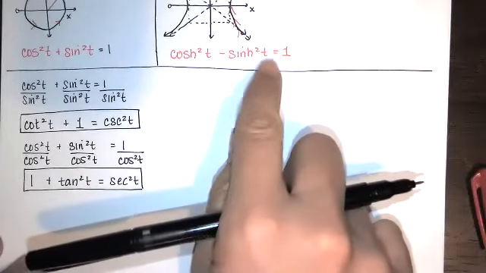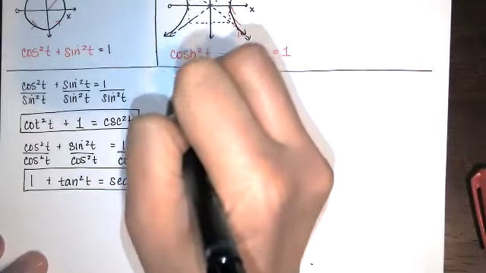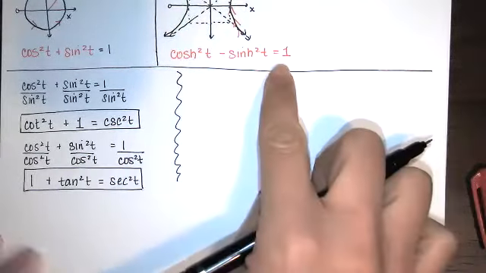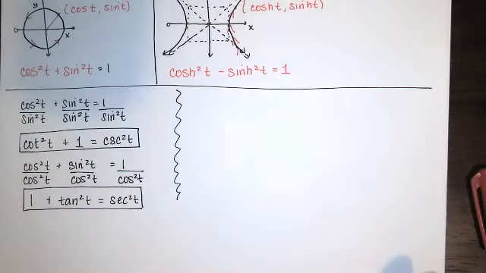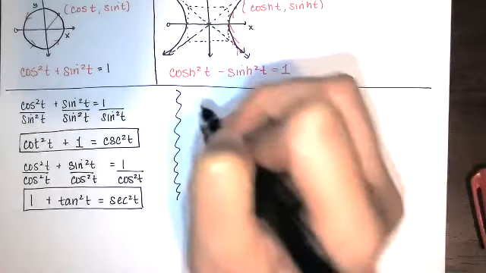Well, we can do the same thing with this to get more identities. Let's take this and divide by hyperbolic sine squared.